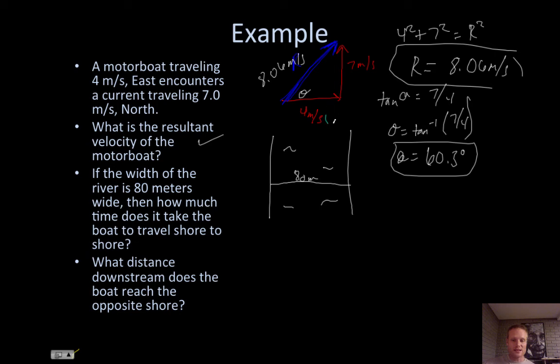You have the velocity of the boat, you have the velocity of the river, and here is the resultant, which is the velocity of the boat and the river put together. Okay. Which of these numbers would be useful for calculating how long it would take to go from here to there, basically directly east? Hopefully you're thinking this one right here, the 4 meters per second, the velocity of the boat.